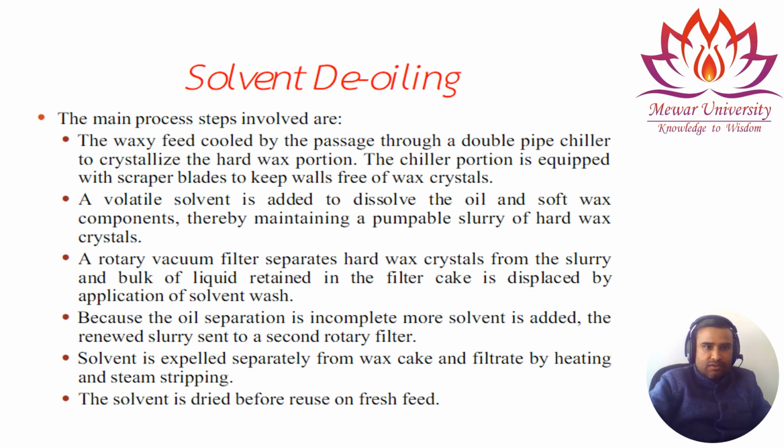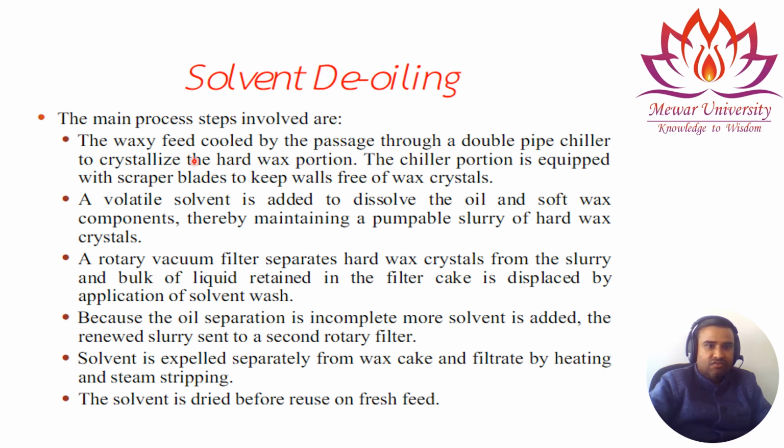Now talking about more detail of this solvent deoiling process, in this slide the steps are explained point wise. You can see these points. The main process steps involve the waxy feed. First, the waxy feed is cooled by passing through a double pipe chiller to crystallize the hard wax portion.